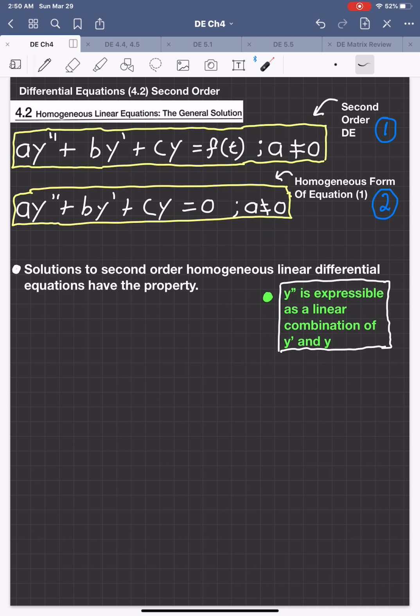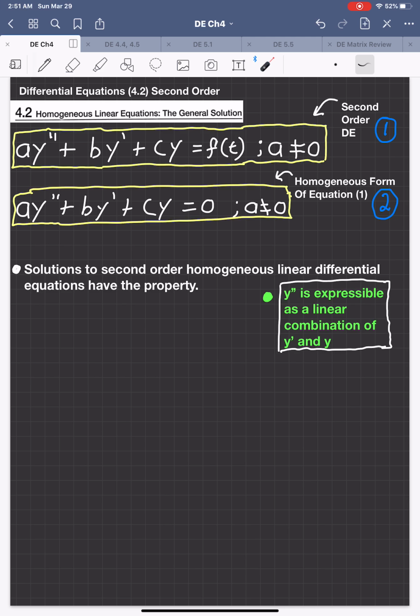Of course, the caveat is a cannot be 0. That should make perfect sense, because if the coefficient attached to your second derivative is 0, then you don't have a second order differential equation, right? So how do we do this? We're going to be dealing with the homogeneous form of equation 1, so it's always going to be set equal to 0 for this video.